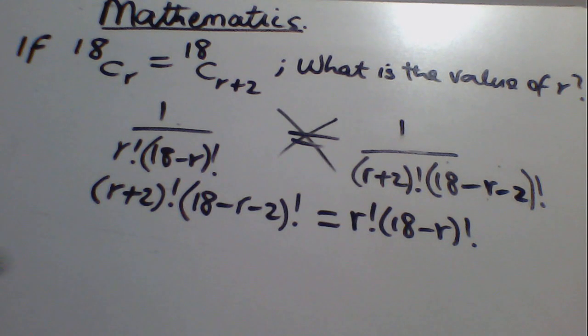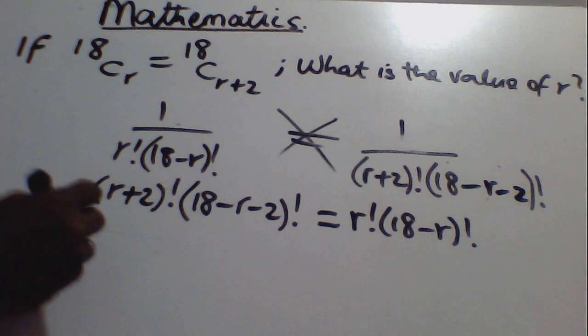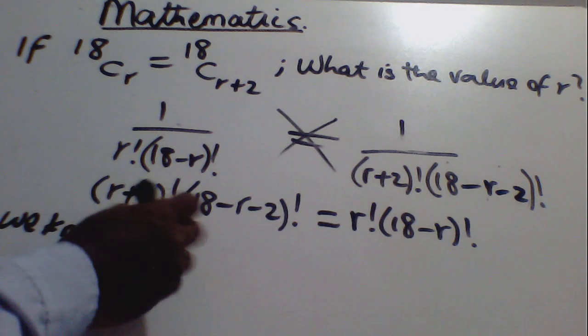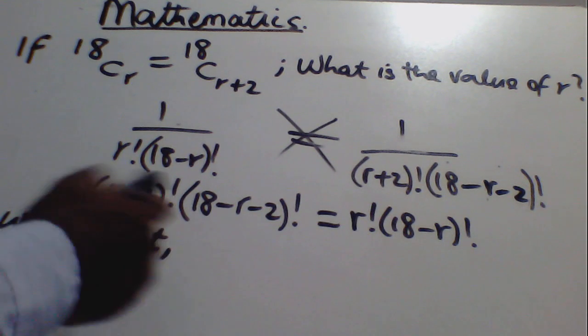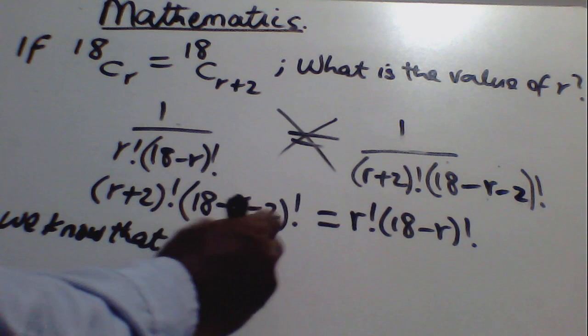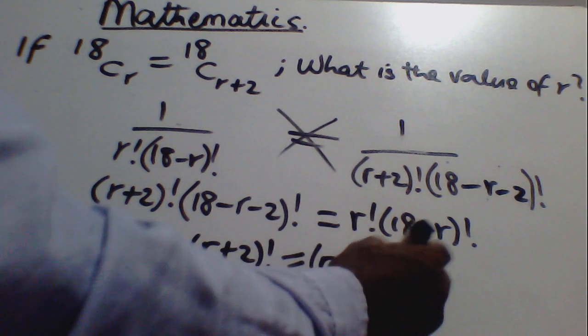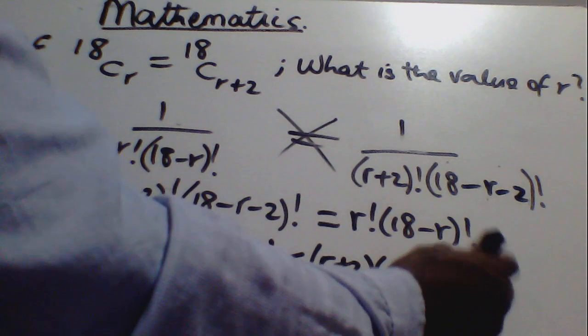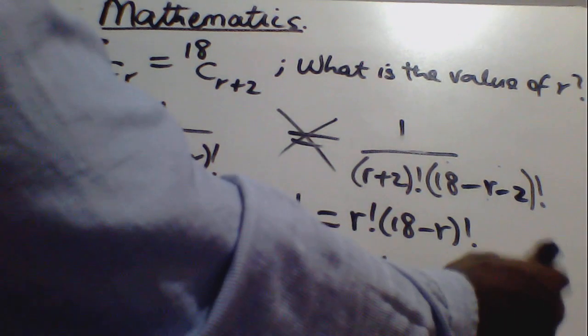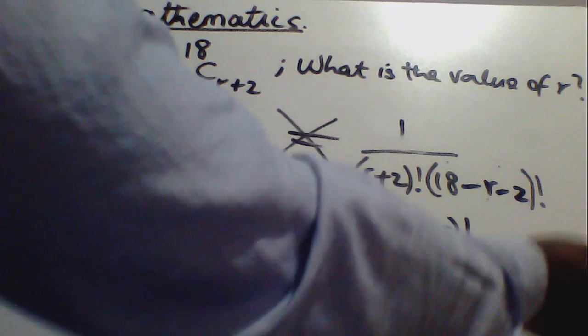From here we know that (R plus 2) factorial is equal to (R plus 2) times (R plus 2 minus 1) factorial.